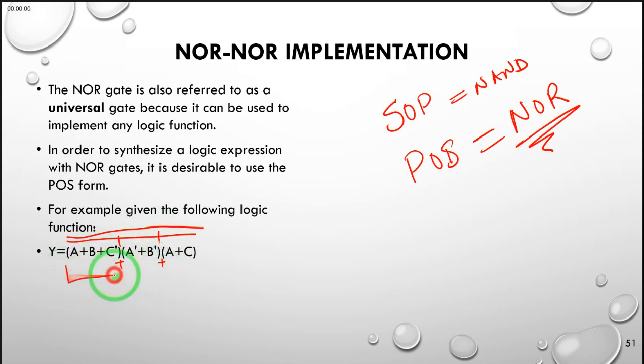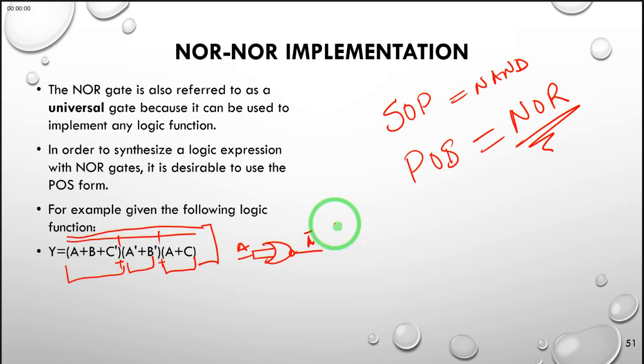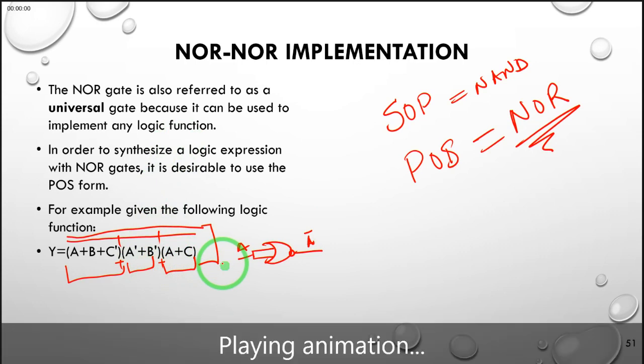So this becomes a NOR operation, this becomes a NOR operation, this becomes a NOR operation, and the overall operation a NOR operation, and any inverters are given. Again, we notice that if you short the inputs of a NOR gate, you will get a NOT gate. So if this was an A, what will come out here will be a NOT A. And for that reason, we simply end up with the function that is represented by this.